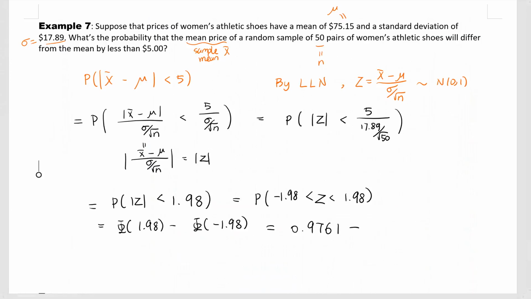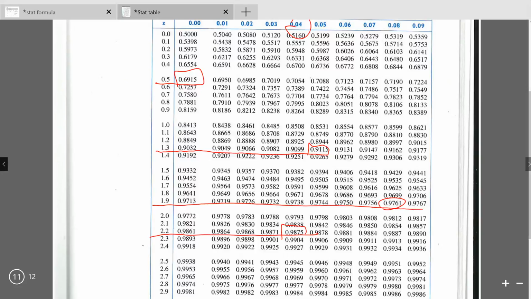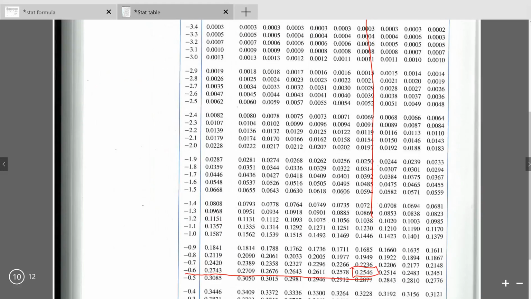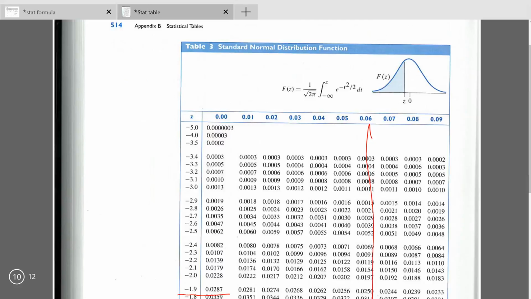And phi of negative 1.98, on the negative last page, negative 1.98, 0.0239.